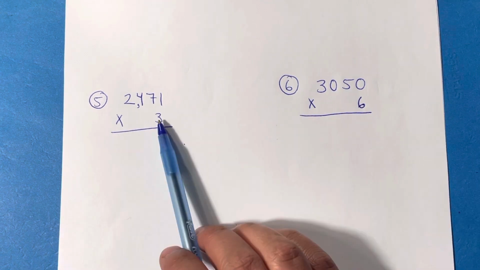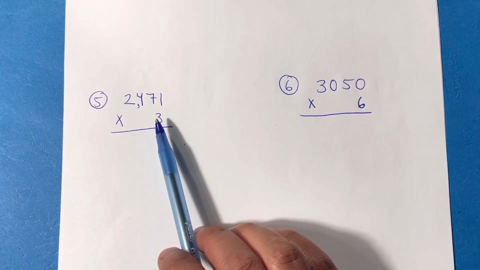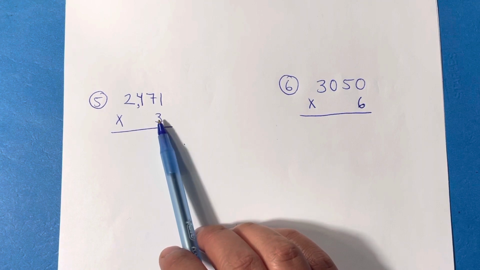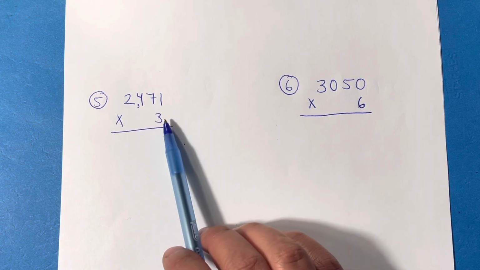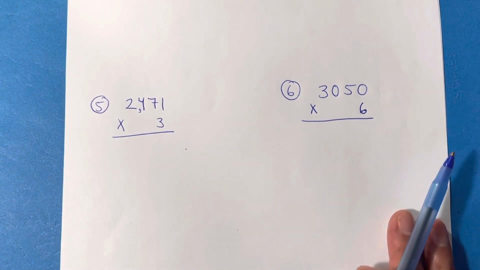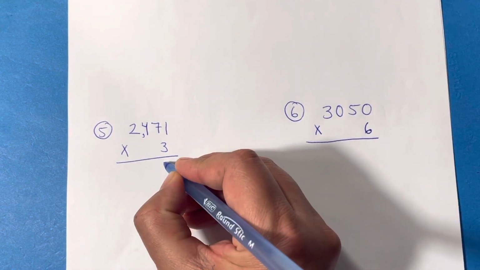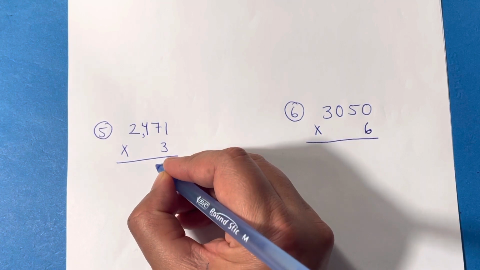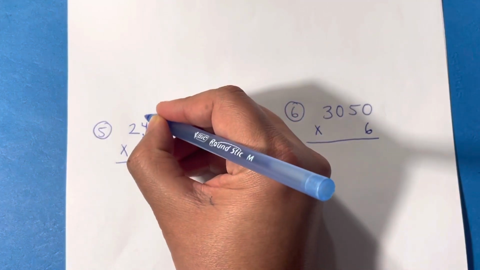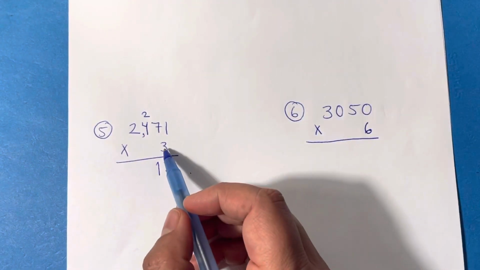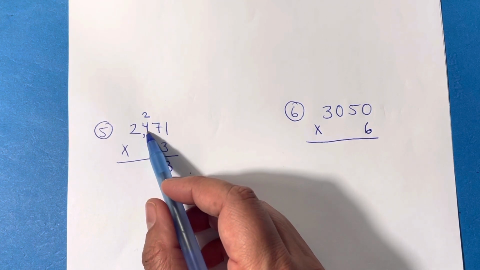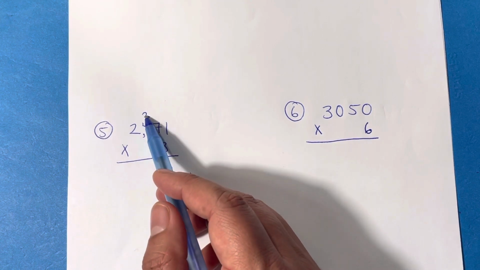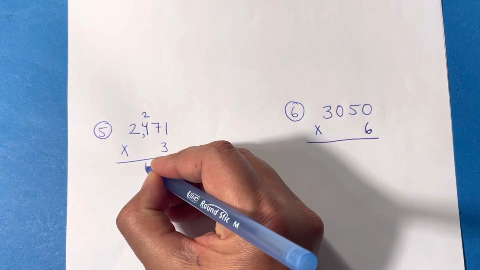Okay, for the next one, I'm going to do this one without the times tables. But if you need to pause the video, use your times table and then compare it with me, okay? So 3 times 1 is 3. 3 times 7 is 21. I write down the 1 and carry the 2. 3 times 4 is 12. 12 plus 2 is 14.